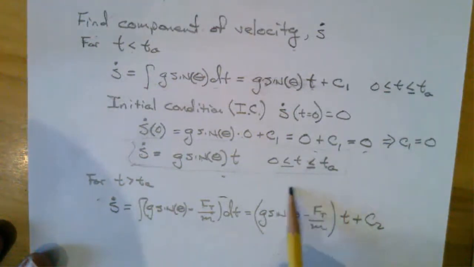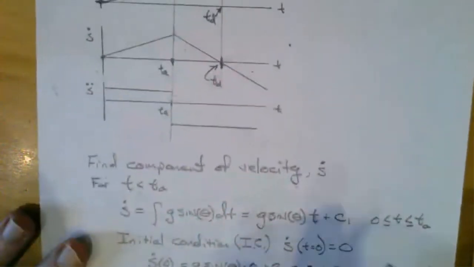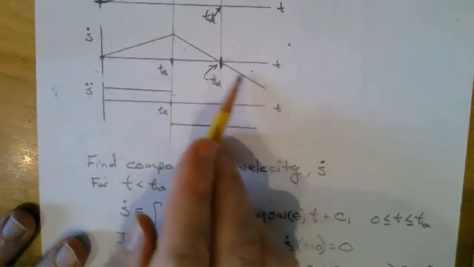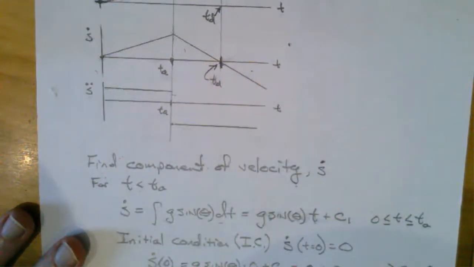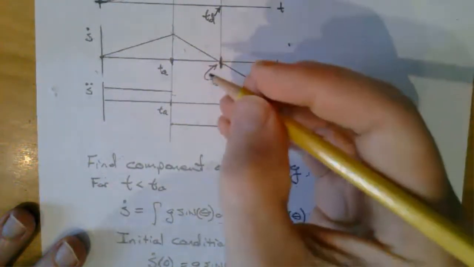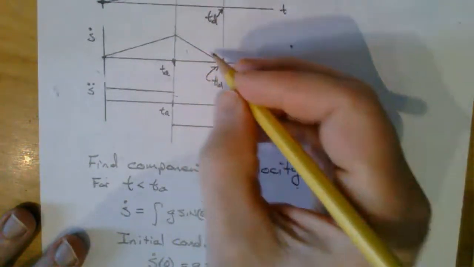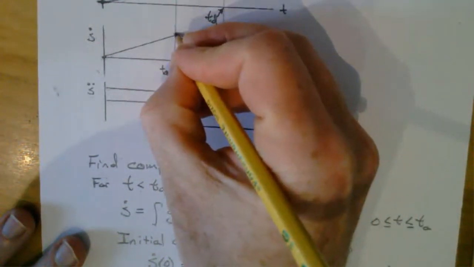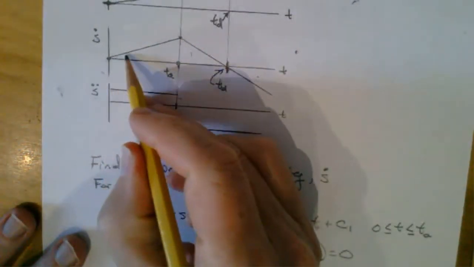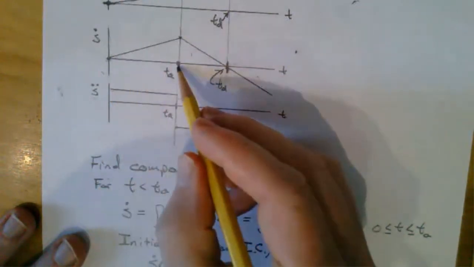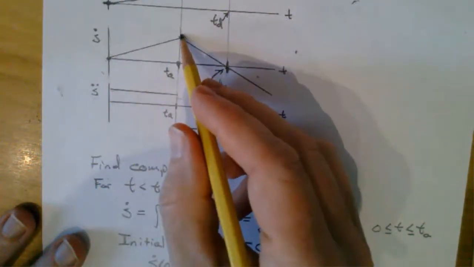This is another sort of straight line right here. In fact, we're kind of expecting that to be a straight line. But the way we match the C2, this straight line out here has to match the other straight line we found earlier at time ta, right?